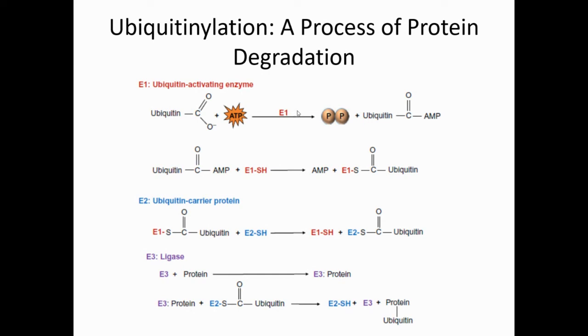And in eukaryotic cells, the most common degradation mechanism in the proteasome is ubiquitination. Ubiquitin is a small polypeptide, and it's highly conserved in eukaryotic cells. When ubiquitin is linked to a protein, it can bring the protein to the proteasome, and then the protein can be degraded in the proteasome.